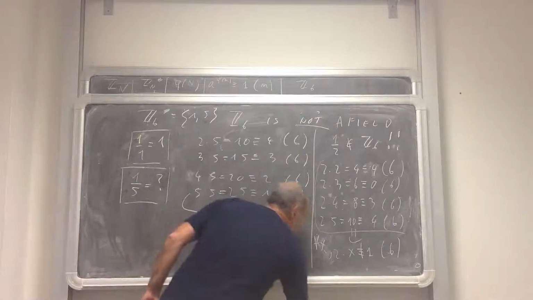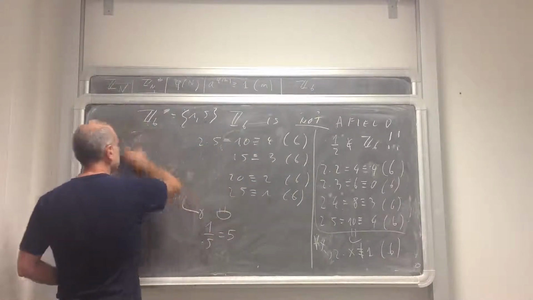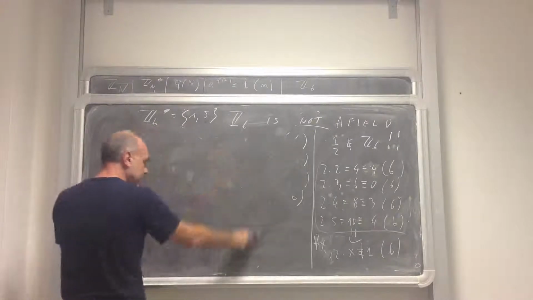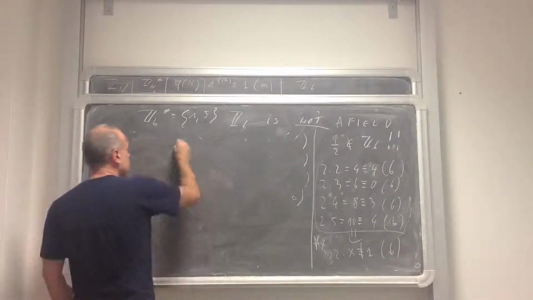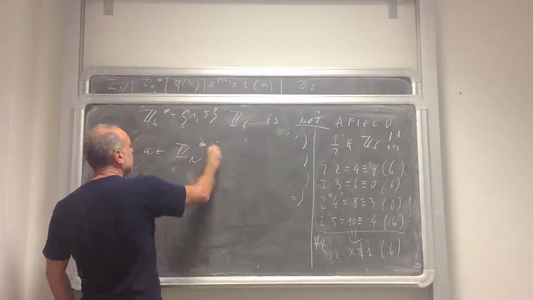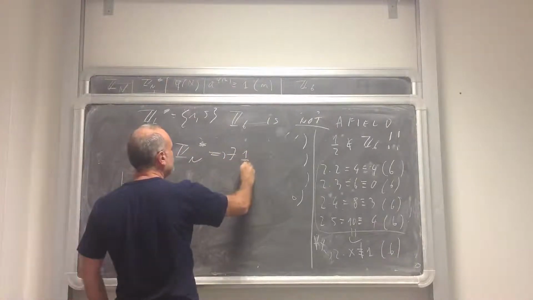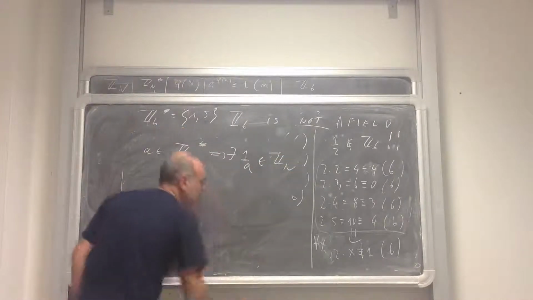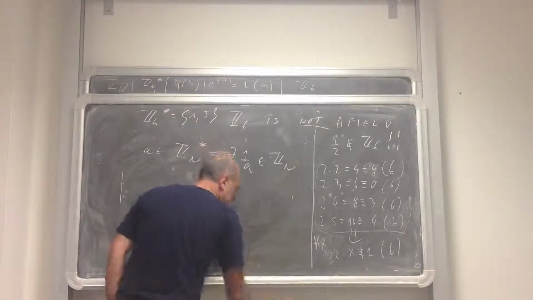So, in general, for the same reason, if A is in Zn star, then there is the inverse, and actually it is in Zn star.